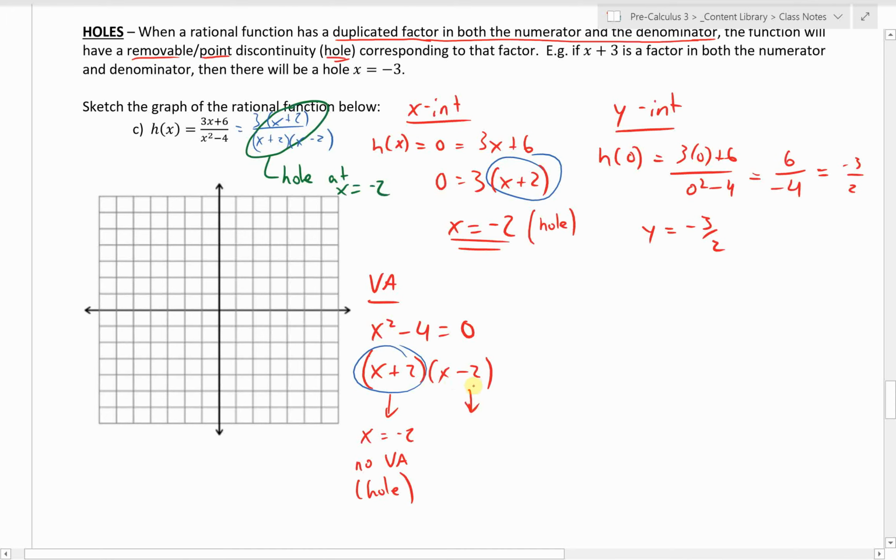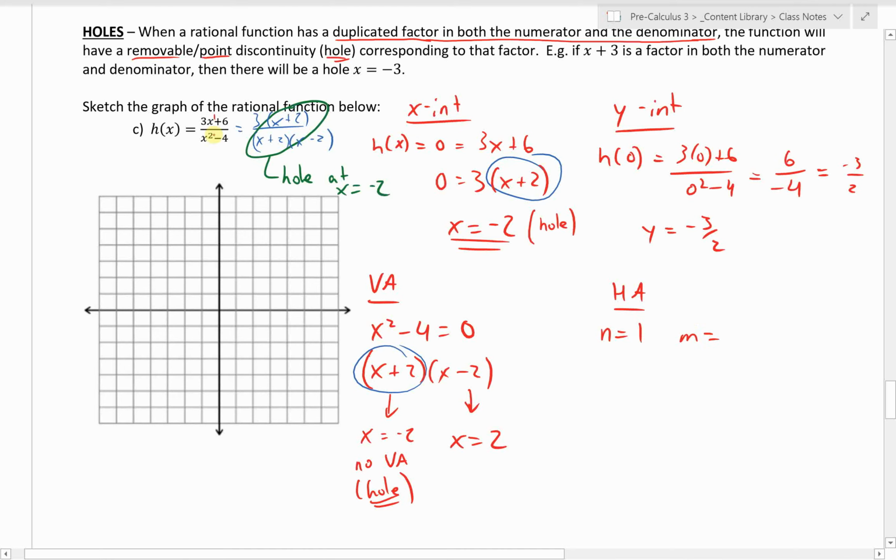Continuing on with vertical asymptotes, we would have a vertical asymptote at x equals 2, but not at x equals negative 2, because that's a hole. Then we can find our horizontal asymptote by comparing the degree of the numerator to the degree of the denominator. The degree of the numerator is 1.